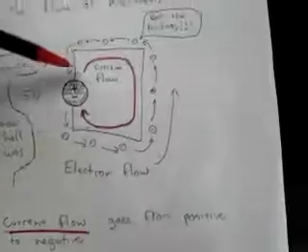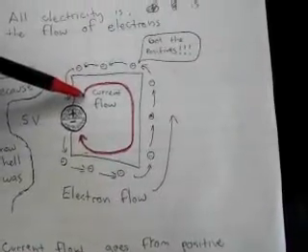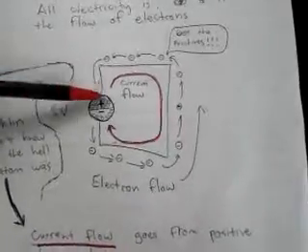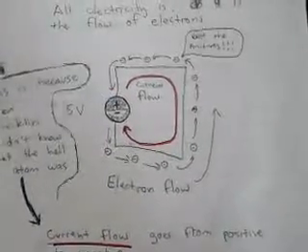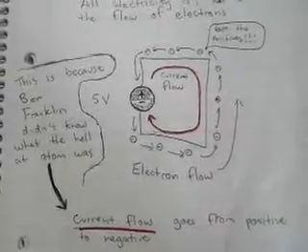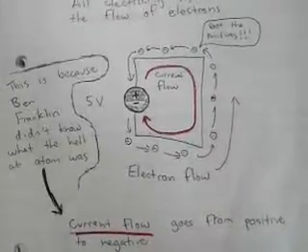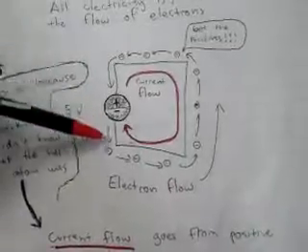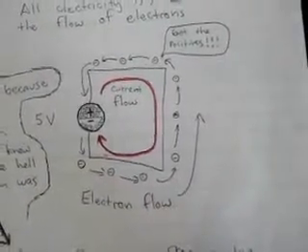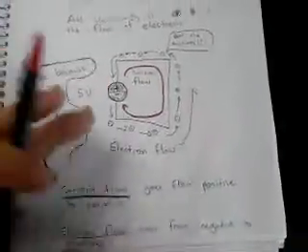So note that conventional current flow is different from electron current flow. We still use conventional current flow just because when Ben Franklin was figuring it out, he didn't know what an atom was. So all of the equations got based off of positive to negative, but it doesn't really matter, and all the equations still work out, so just don't question that, just follow it.